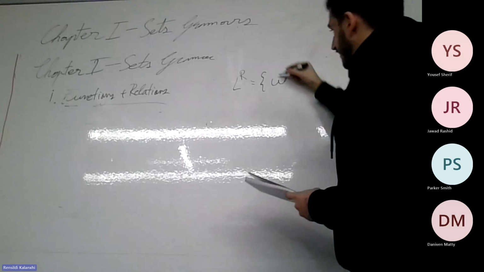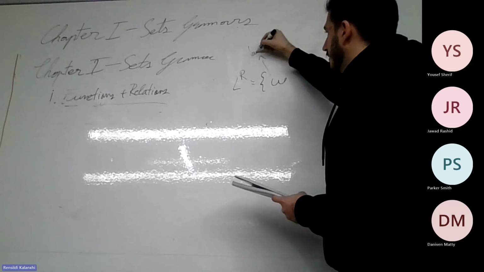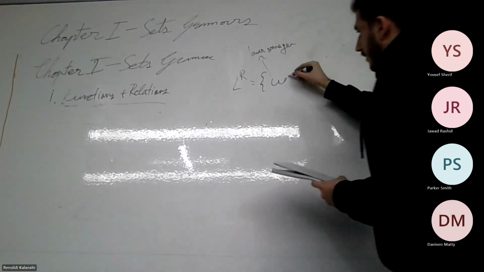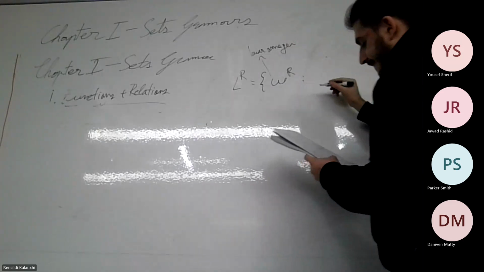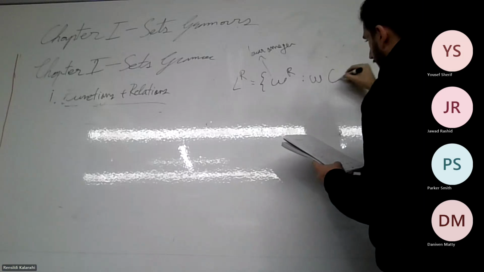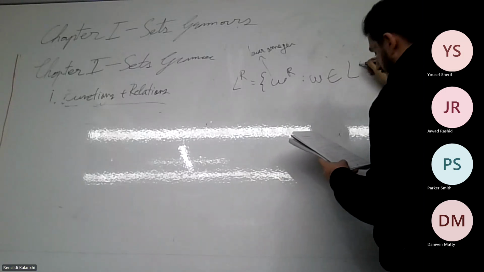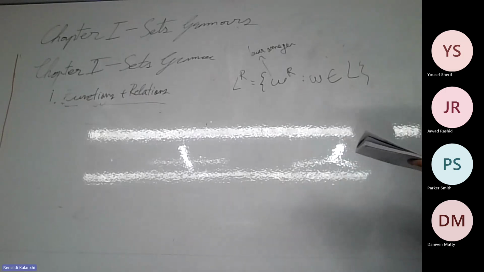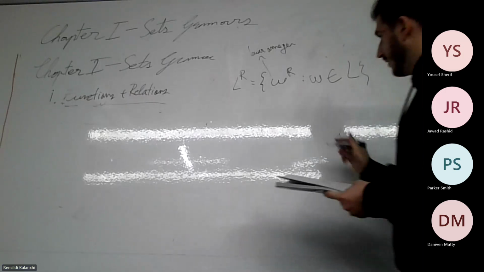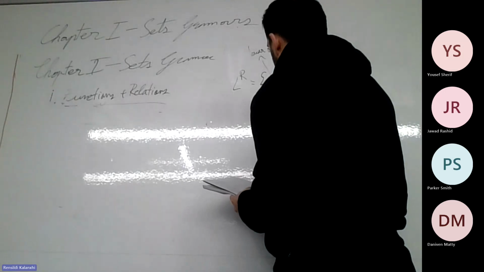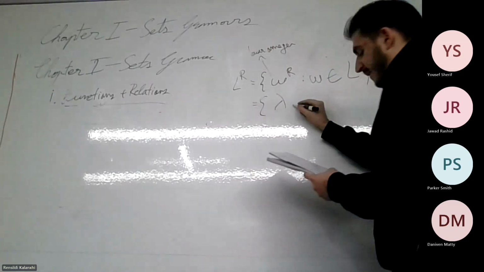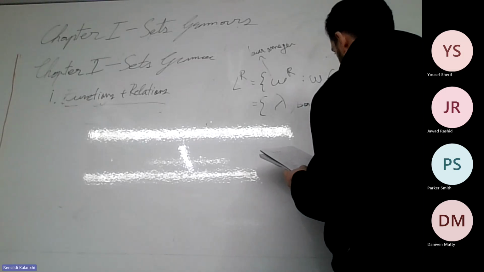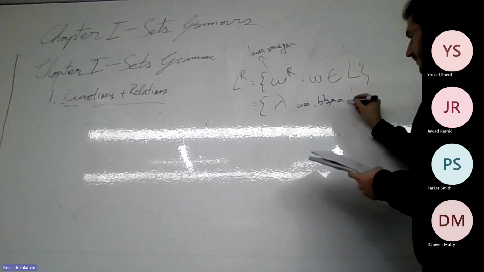And this is a lower omega, where it's an element of L. Considering still the language, the alphabet is A and B. It will be equal to A, B, A, B, B, A, A. So it's basically a reverse.